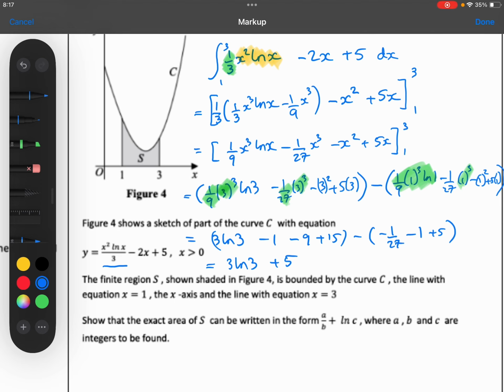And then I've got a plus 1 over 27, a plus 1 and a minus 5. The plus 5 here and the minus 5 here will cancel out to leave me with just 1/27 plus 1, which will be 28 over 27.